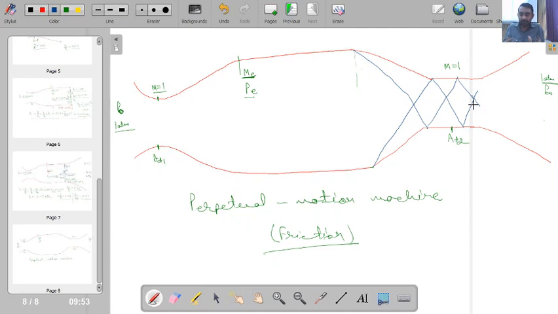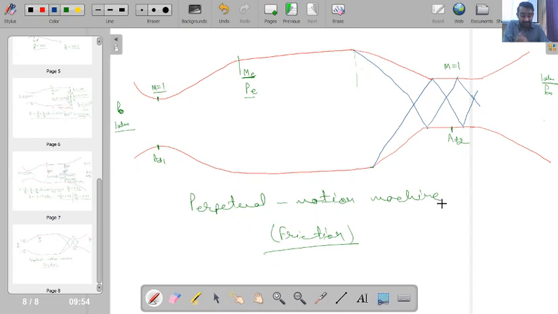So we have to provide something to sustain the pressure over here. Fine. So friction and occurrence of shock waves are the two important factors which control the flow dynamics. This is the reason we are not able to obtain a perpetual motion machine for this particular situation.